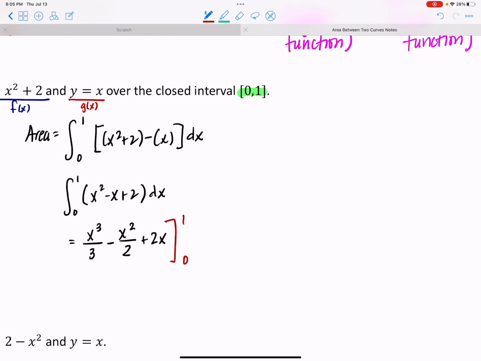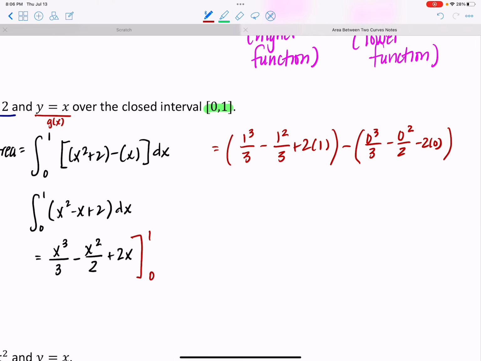So first I'm going to plug in the 1. That's going to be 1 cubed over 3, minus 1 squared over 2, and 2 times 1. And then from that we're going to subtract, well, if we plug in a 0, everything is going to zero out, but just for thoroughness, I'll go ahead and write all this out for you.